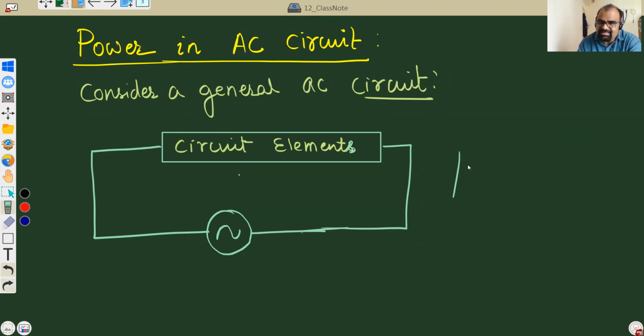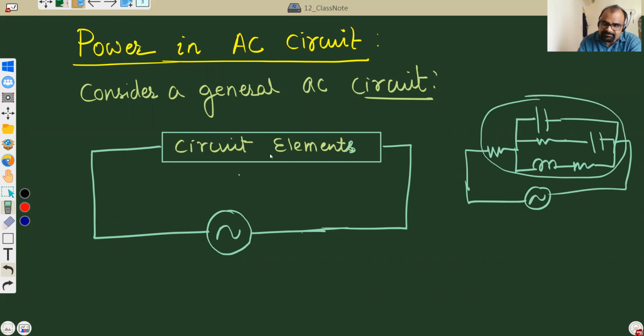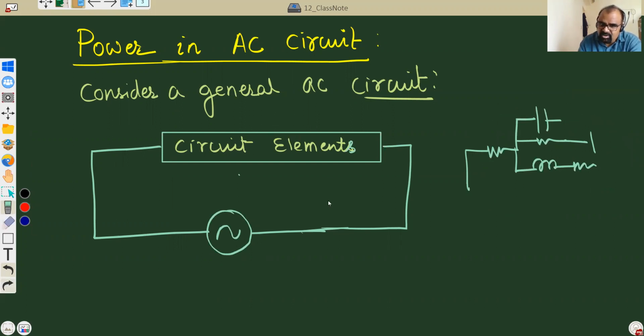We can have something like this, much more complicated. Anything is possible. Now, obviously, this is too complicated a circuit. We are never going to study this. Okay. Now, this entire thing is inside this circuit element. This part is inside this box.